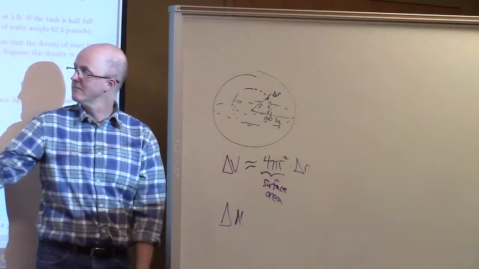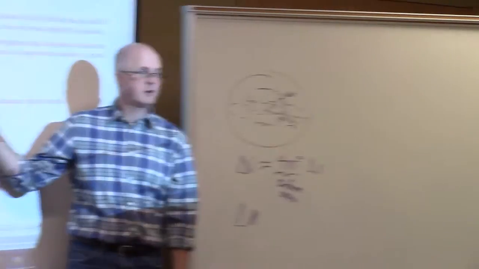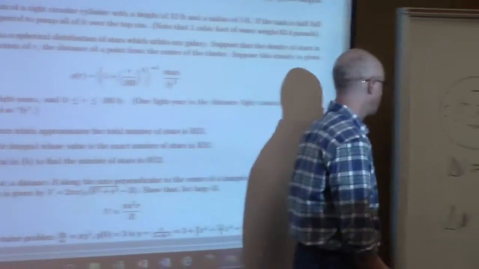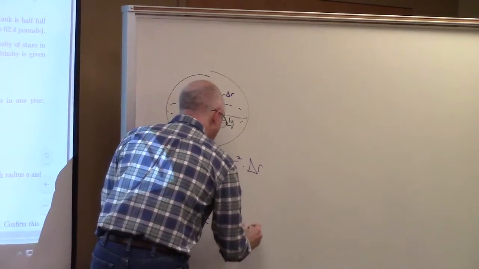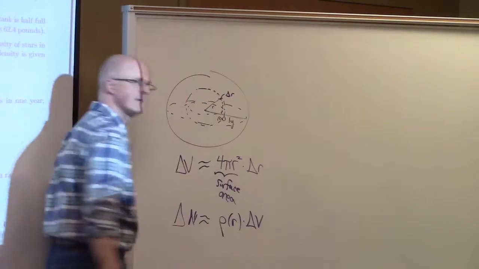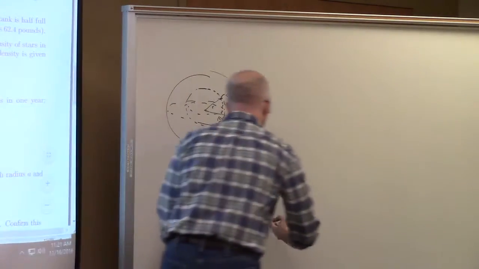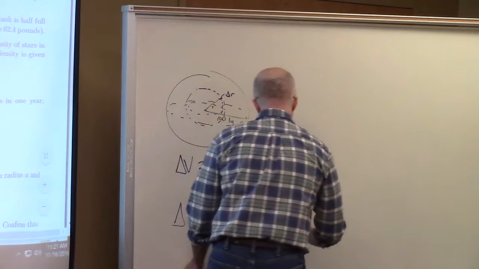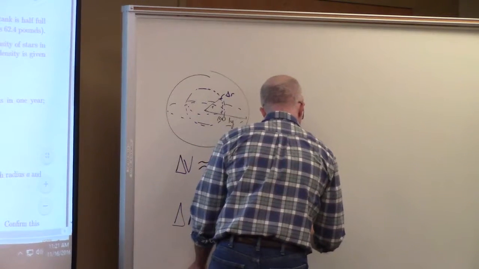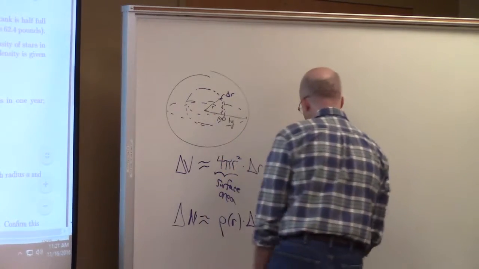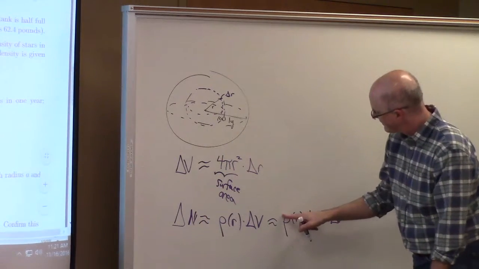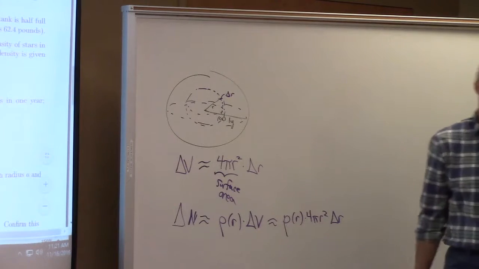Take the density, number of stars per unit volume, times the volume. This is approximately rho of r times delta V, which is approximately rho of r times 4 pi r squared times delta r. Or you can plug in the formula for rho of r if you like.